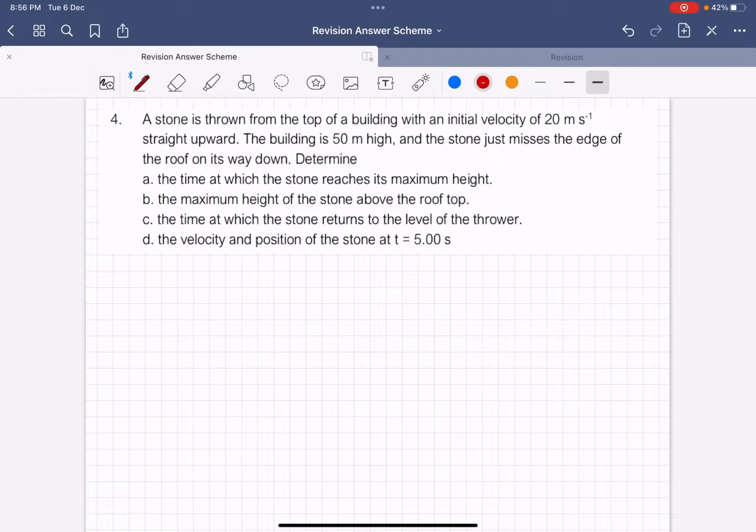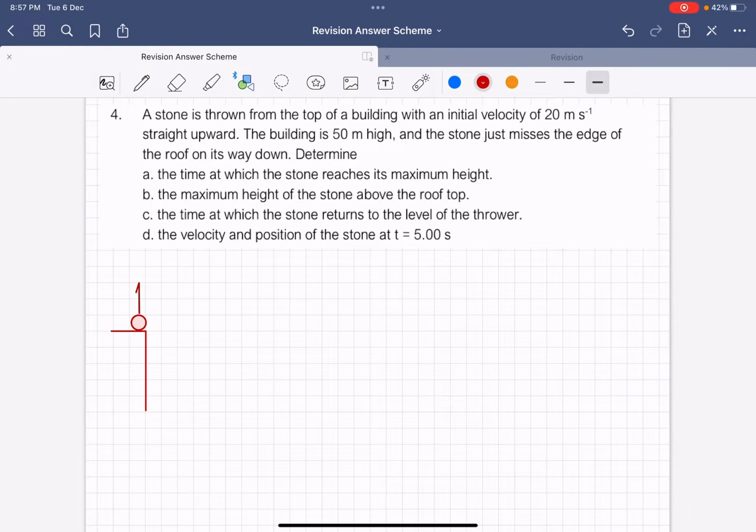For question number 4, this is on projectile motion. So a stone is thrown from the top of a building. So if we were to draw a building, something like that. Okay, so the stone is thrown upwards, thrown by a person.